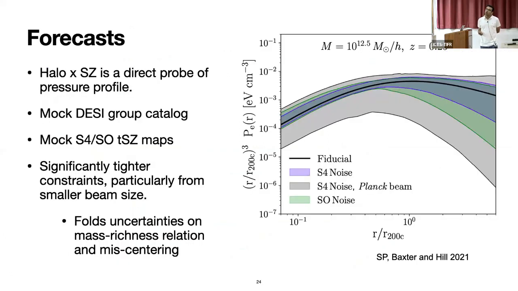We can also take some future data. Here, instead of weak lensing cross shear, which is sensitive to wider halo masses, you can try to go to a particular halo mass range, so you can take the halo cross SZ signal directly. Here, we take the mock DESI group catalog and a mock S4 or SO thermal SZ map, and see what pressure profile you can expect to get for some halo mass range and some particular redshift.